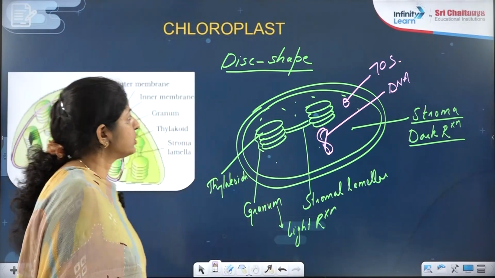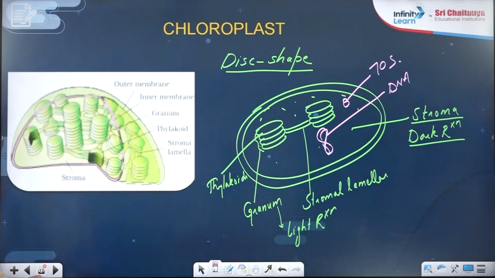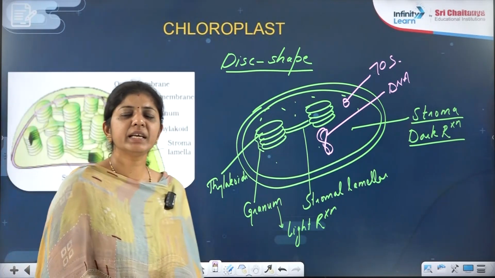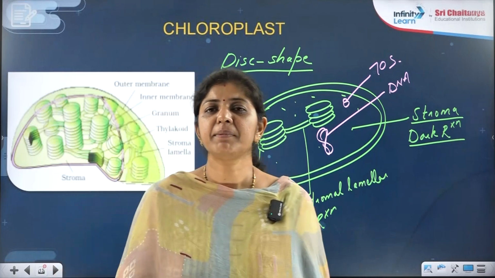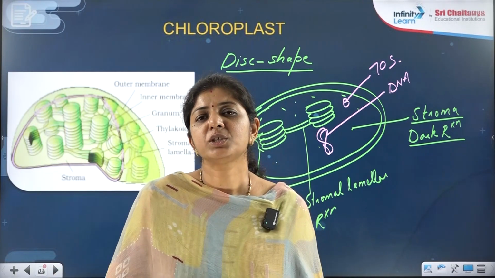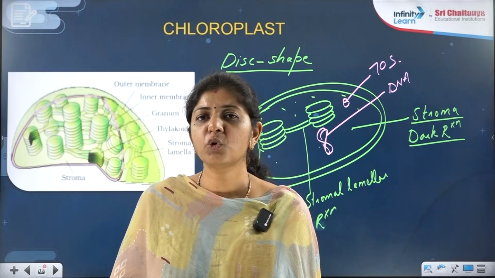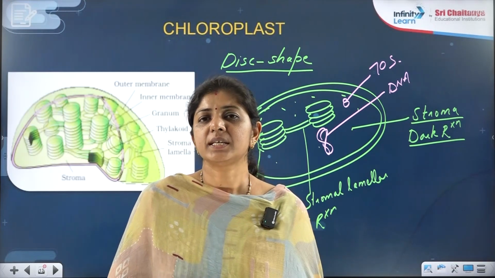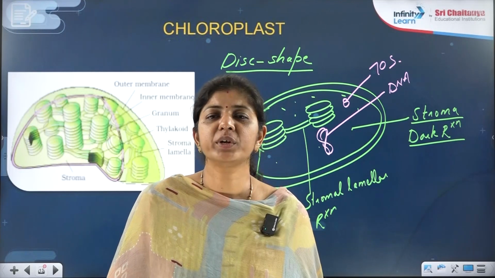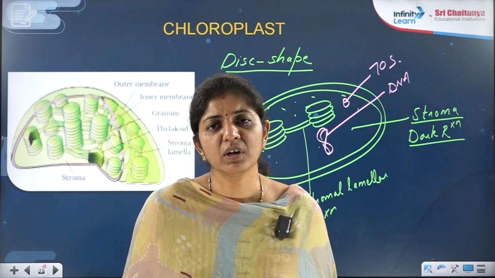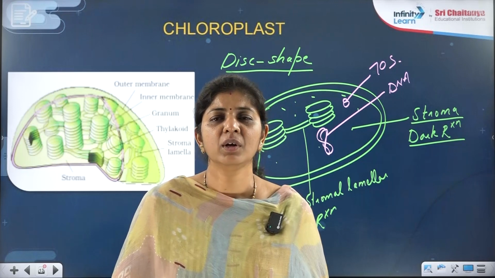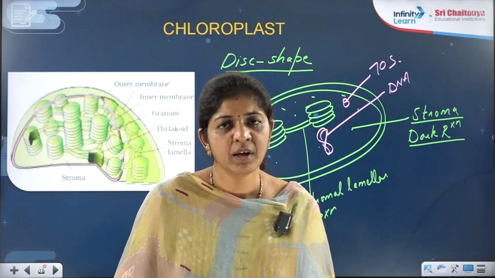Fine. So this is about the important structure of the chloroplast in plants. Otherwise, plastids are of three different types: chloroplast, chromoplast, leucoplast. Chloroplast is more important to discuss as per your NCERT book, linked to the photosynthesis chapter. We have taken their structure.